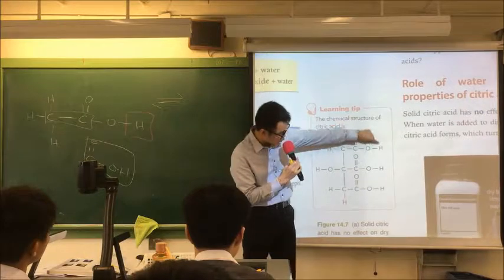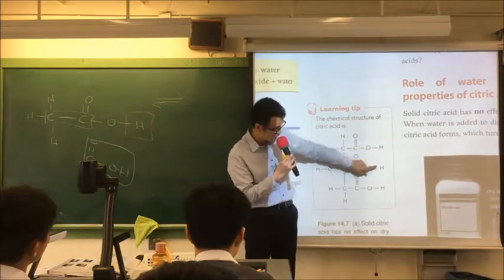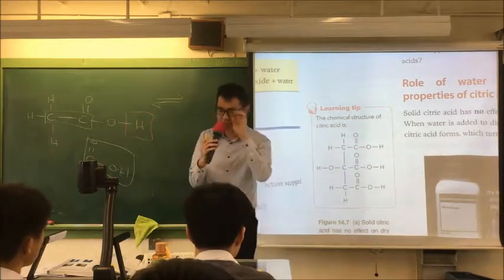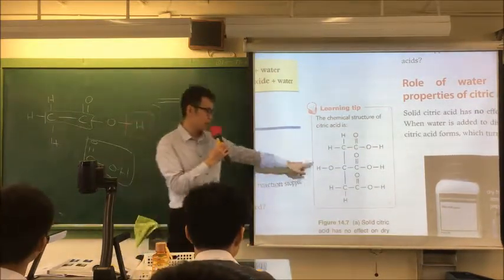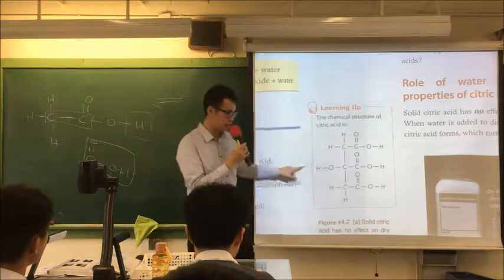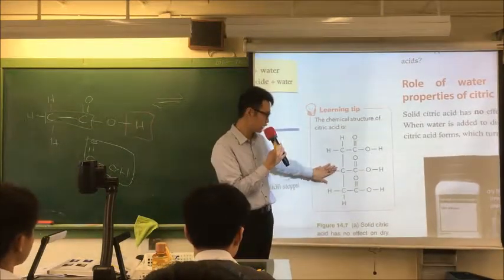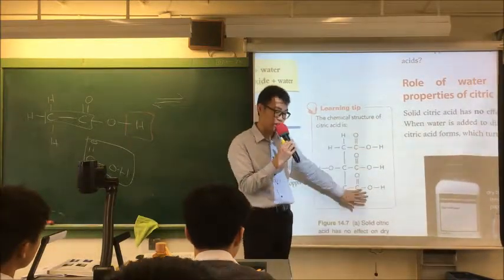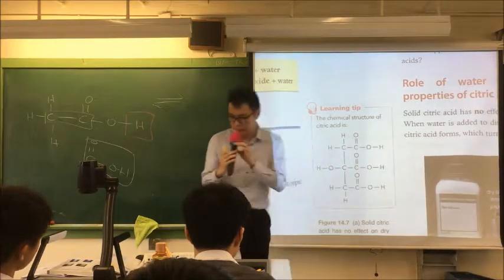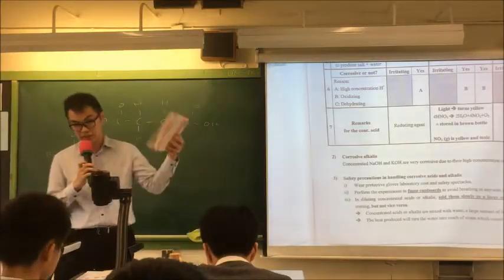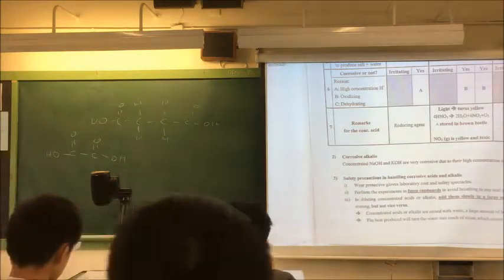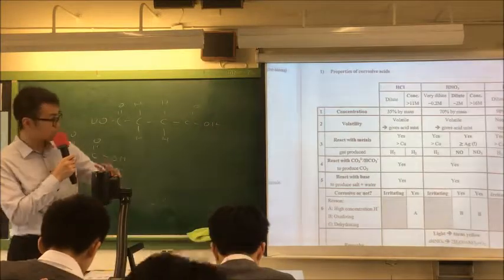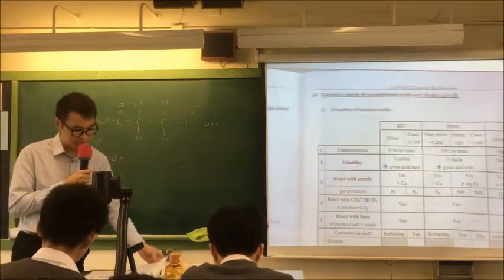So here is 1 COOH, another COOH, another COOH. These three hydrogens can be ionized. This one cannot be ionized. This group we won't call an acid group. We have another name for it, which you will learn in organic chemistry. These three we call the carboxylic acid group.